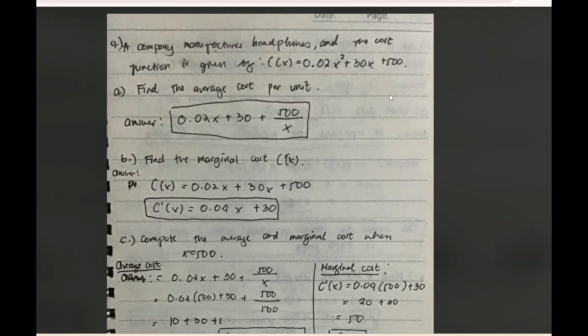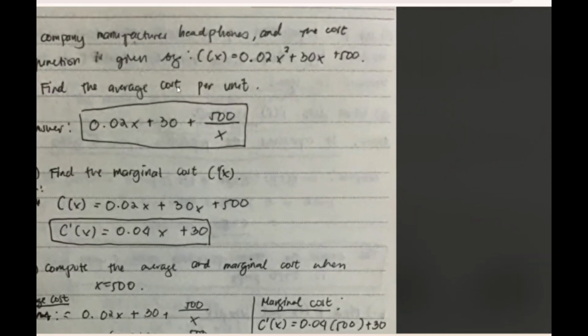number 4. Problem number 4 is given. A company manufactures headphones and the cost function is given by C of x equals 0.02x squared plus 30x plus 500. Now we are going to find the average cost per unit.